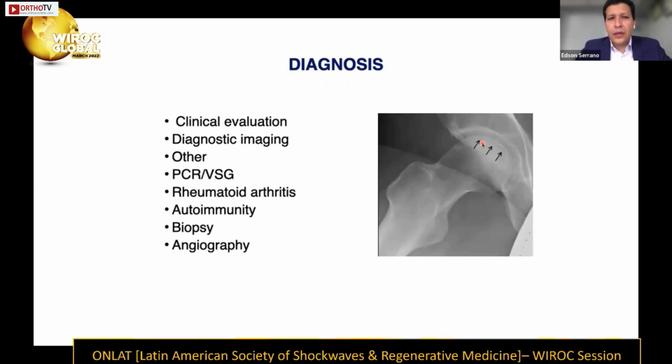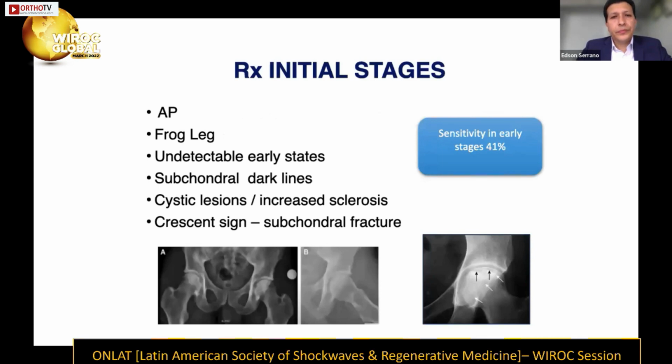The diagnosis is performed by clinical evaluation and some images. In some cases, it could be necessary to do other exams like PCR, rheumatoid factor, autoimmunity, etc. But in most cases, with clinical evaluation and X-ray or MRI, the diagnosis can be made.